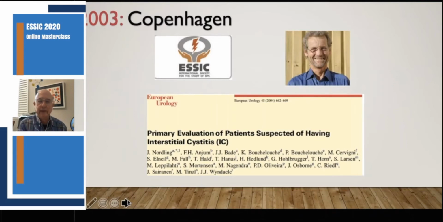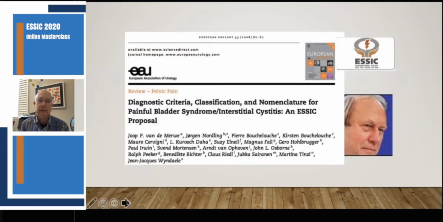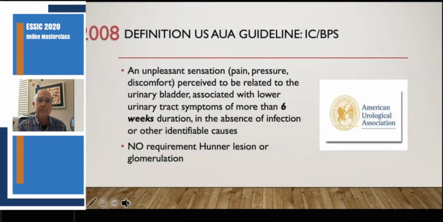First, primary evaluation of patients suspected of having interstitial cystitis, and the following year, diagnostic criteria, classification, and nomenclature for painful bladder syndrome interstitial cystitis, an ESSIC proposal. And with all of what was going on around the world, this interested the American Urological Association. And in 2008, after a 5-year project, they published the first American guidelines for interstitial cystitis bladder pain syndrome.